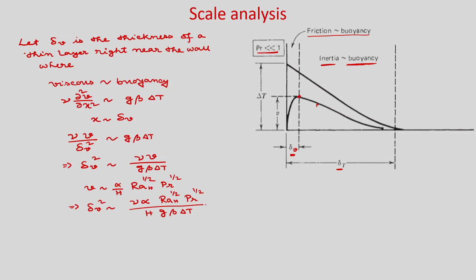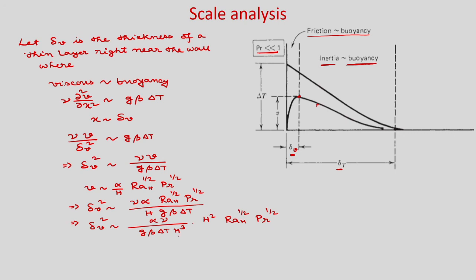So, if we rearrange, you will get delta V square, it will be g beta delta T h cube into alpha nu, and you will get h square, and you have Ra_h to the power half, Prandtl number to the power half.